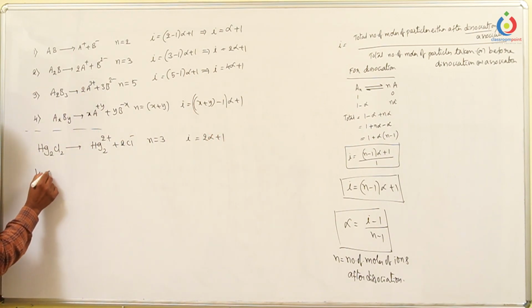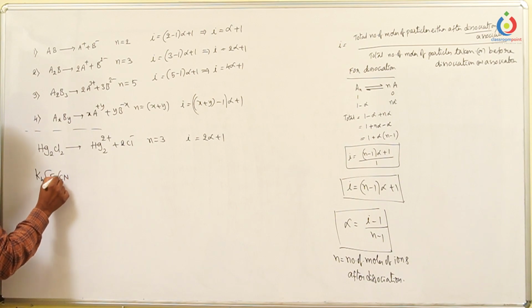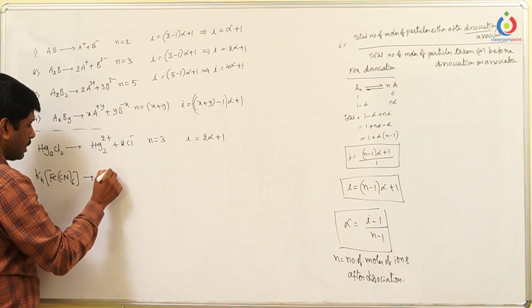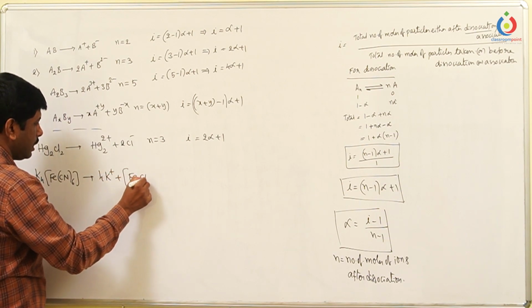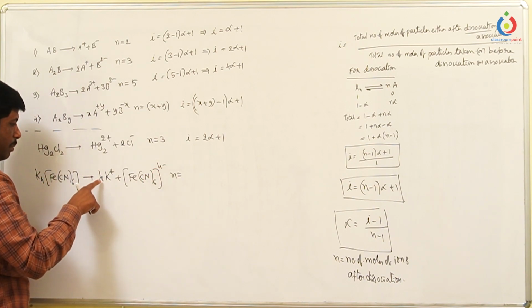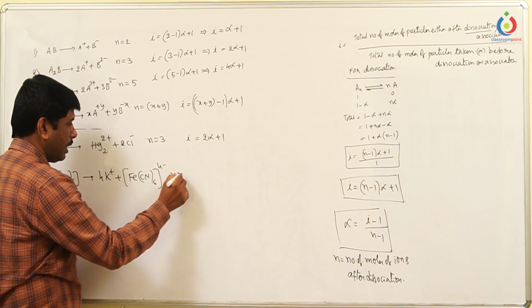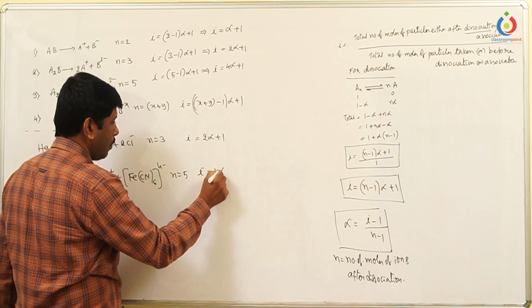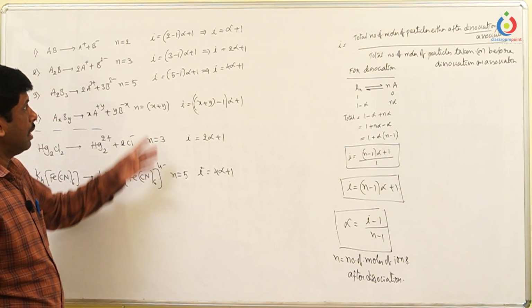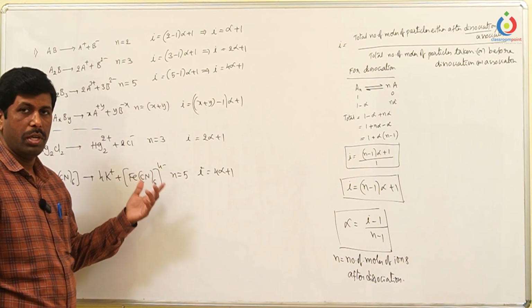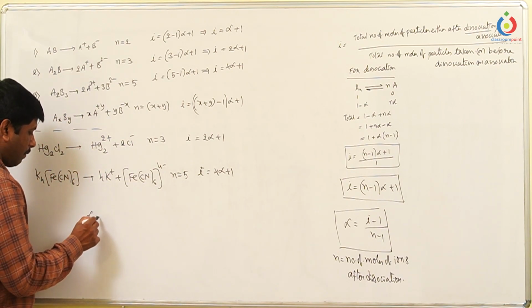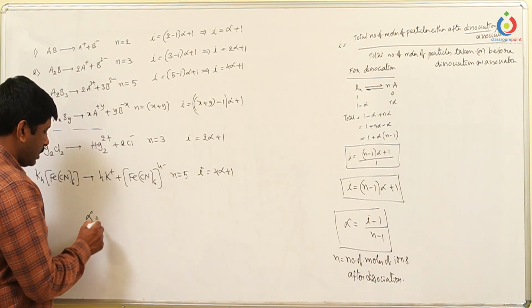Similarly, let us take K4Fe(CN)6, which dissociates in water into 4 K plus ions and Fe(CN)6 4 minus ion. The number of ions produced here is 4 plus 1 equals 5, so i equals 4 alpha plus 1. Like this, the i value can be calculated for ionic molecules that are going to dissociate. And regarding alpha, it means the degree of dissociation.